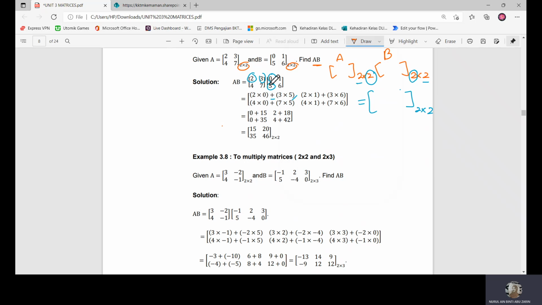The next element would come from the row below here. This is going to be 4 times 0, plus 7 times 5. Then the next element would be 2 multiplied by 1 plus 3 multiplied by 6.